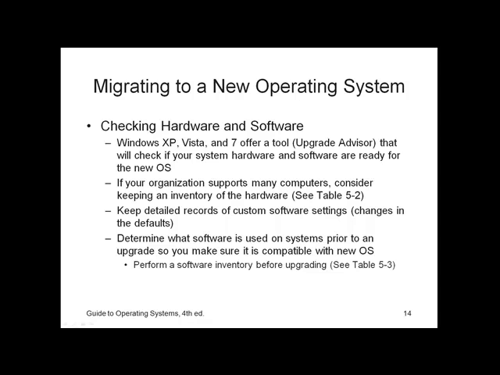And you're going to want to determine what software is used on systems prior to an upgrade to make sure that it's compatible with the new operating system. So in addition to having a hardware inventory prior to upgrading and making sure all the hardware components are compatible, you're going to want to do the same thing with your software applications as well. Make sure the software vendors are already gearing up or have already geared up and released versions of the applications that you're going to need to install after you install these new operating systems. Otherwise, you're going to be very, very sadly disappointed in the end.